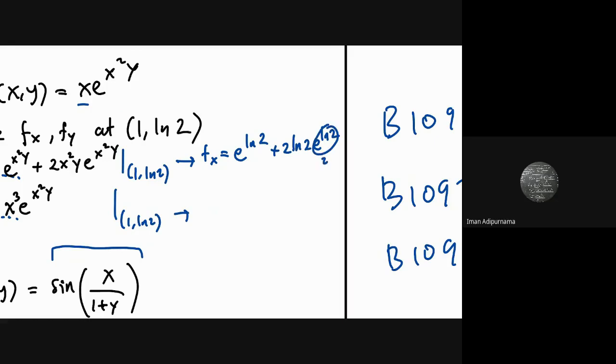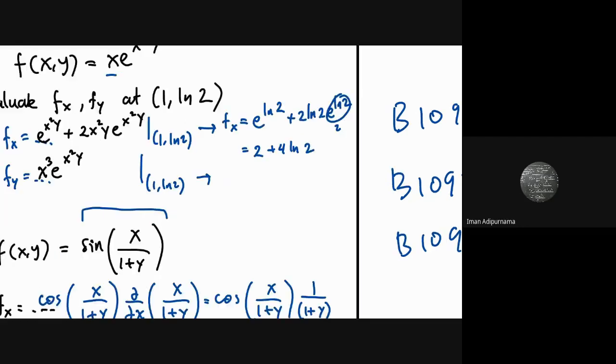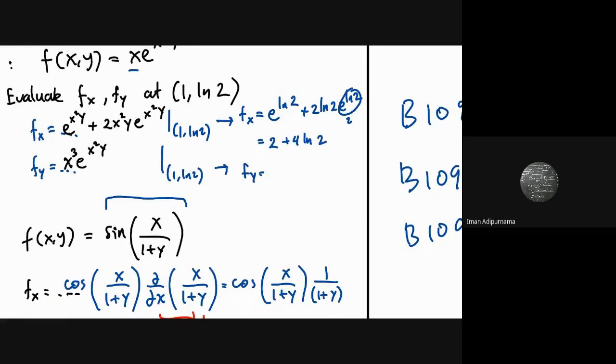This will be 2, so it will be 2 plus 4 ln 2. And Fy is e to the ln 2. This is 2.